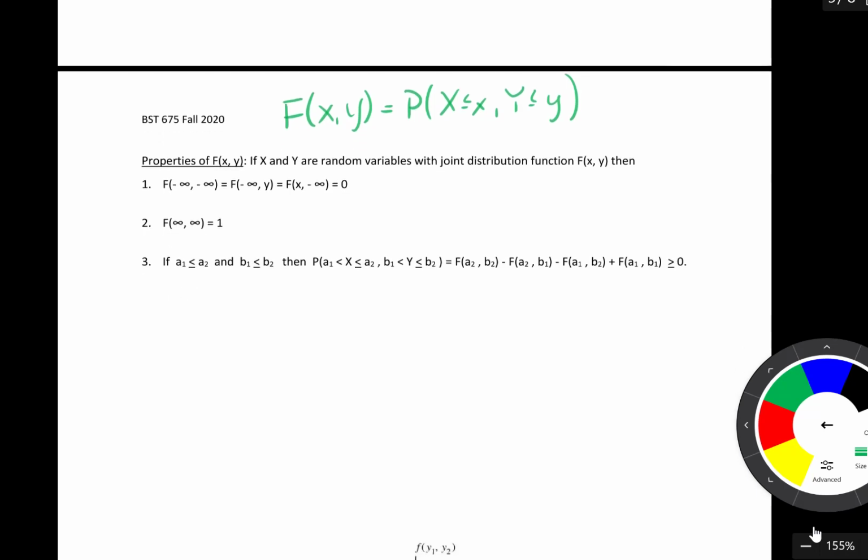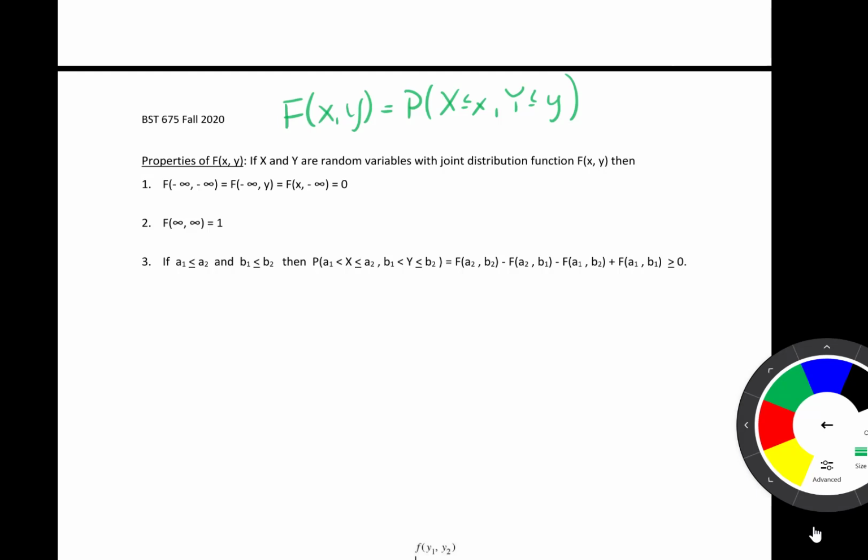And we have the following properties. So again, in the univariate case, we saw that as we went to negative infinity, the CDF went to 0. Well, in this case, as both of the random variables tend towards negative infinity, the CDF goes to 0. As we go to positive infinity for both random variables, the CDF will go to 1.